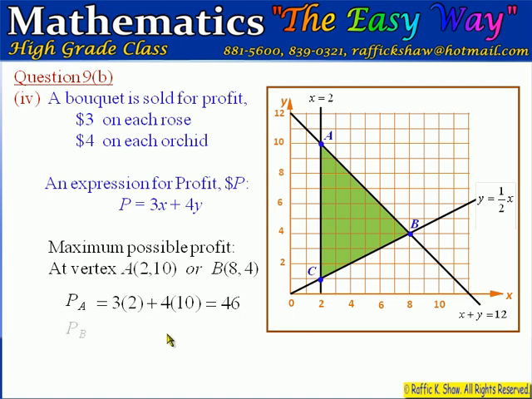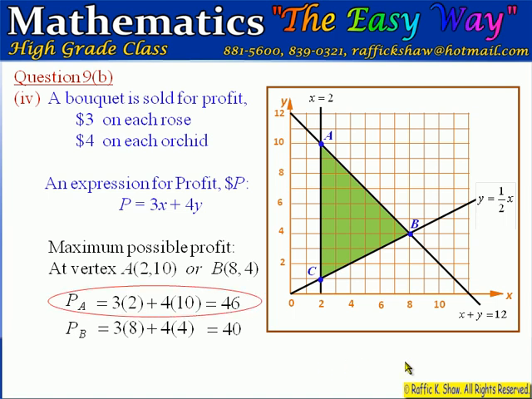And if we look at B, the profit at B will be equal to 3 multiplied by the x value at B, which is 8, plus 4 multiplied by the y value at B, which is 4. The profit at B is 3 multiplied by 8 plus 4 multiplied by 4, and that works out to be 40. So clearly we're having our maximum profit at the point A, and we can go ahead and mark that.